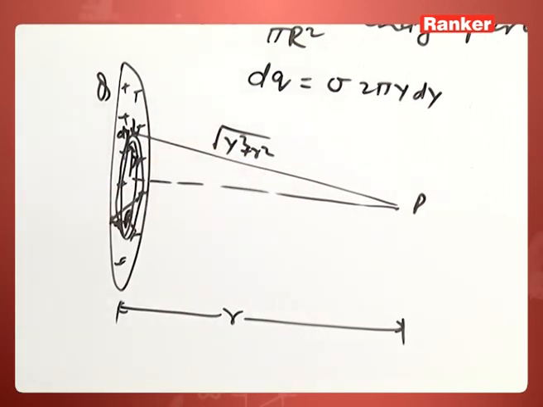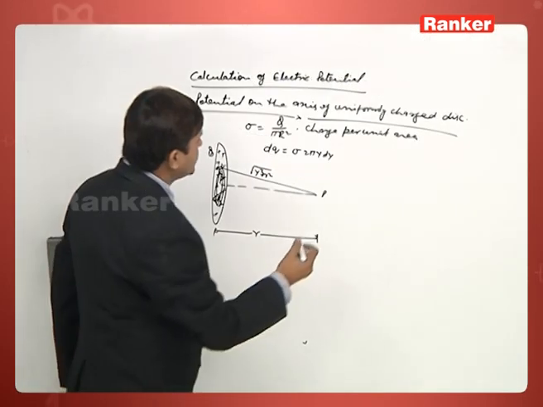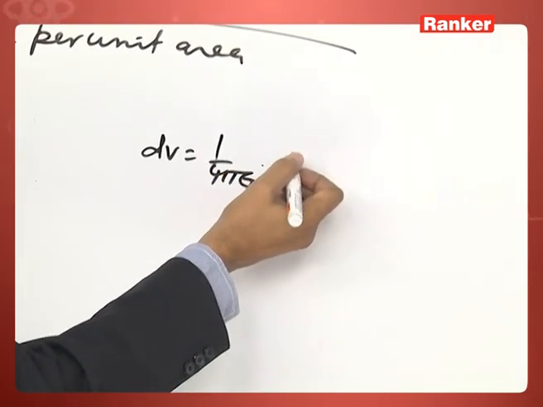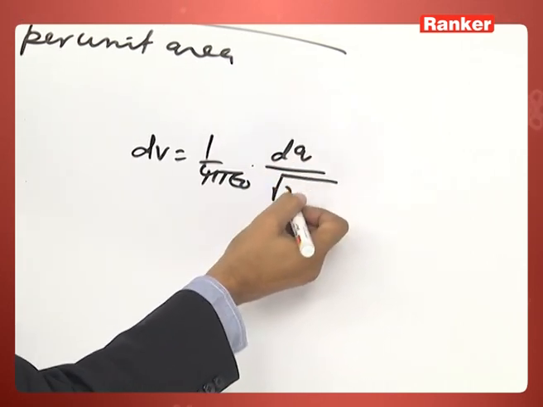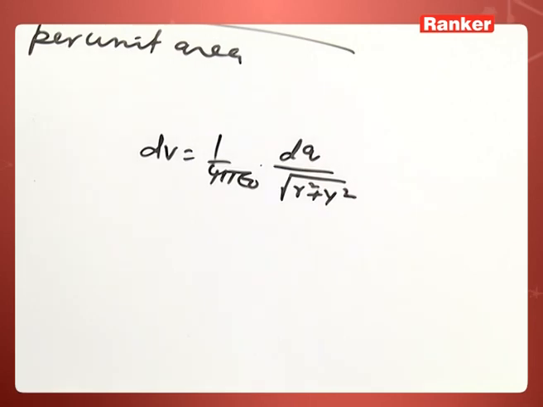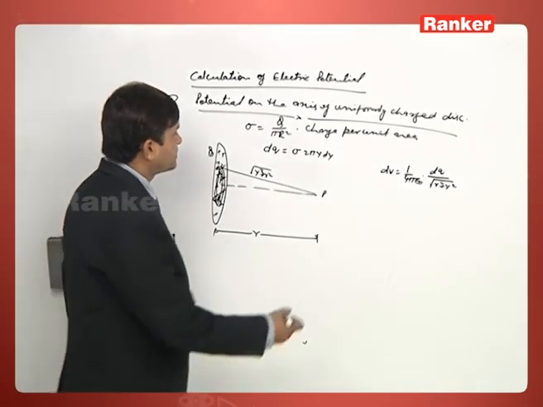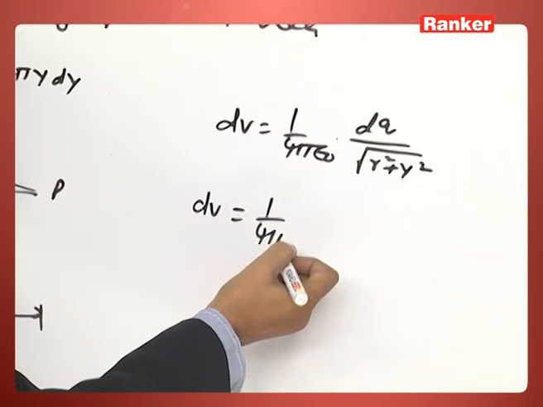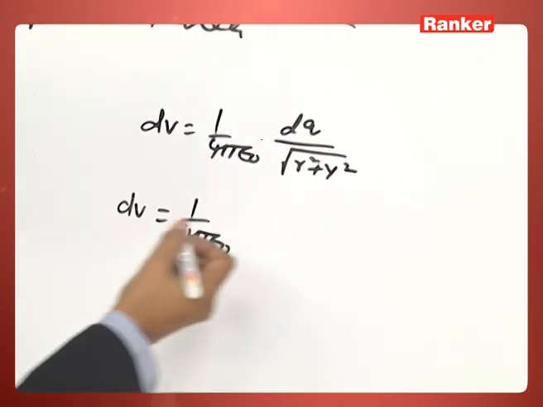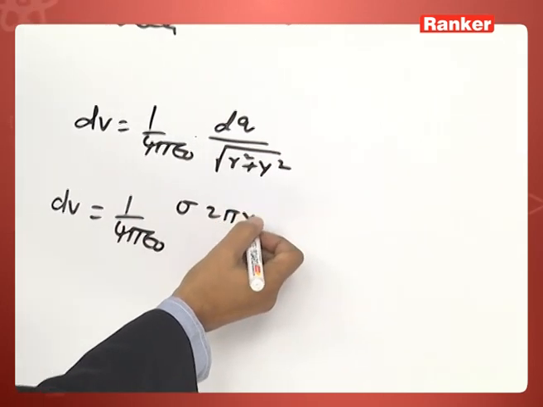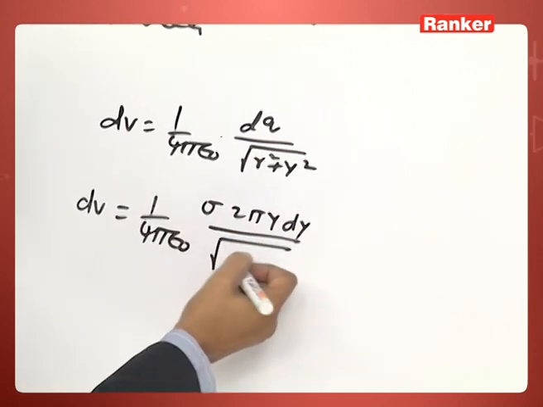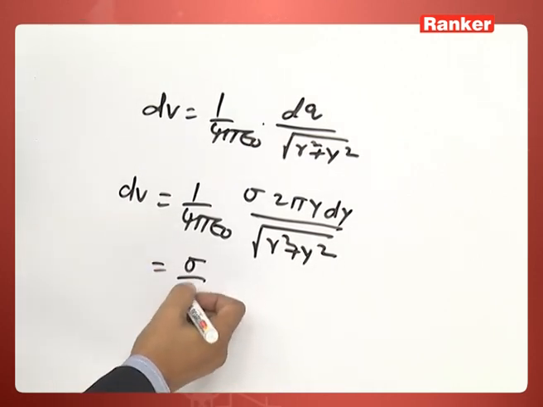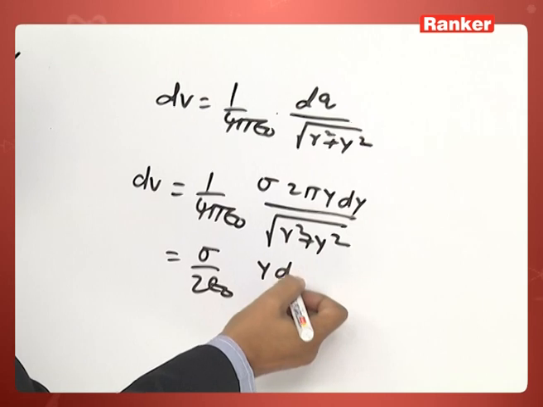So the potential at point P, dV, is 1 by 4 pi epsilon naught dq by root over r square plus y square. Now substitute the value of dq. So dV is 1 by 4 pi epsilon naught, sigma 2 pi y dy by root over r square plus y square, which is sigma by 2 epsilon naught y dy by root over r square plus y square.